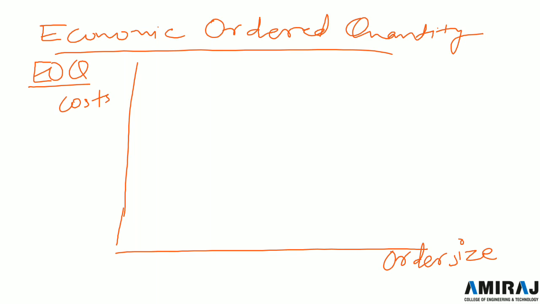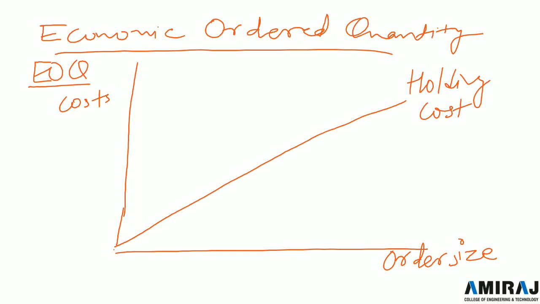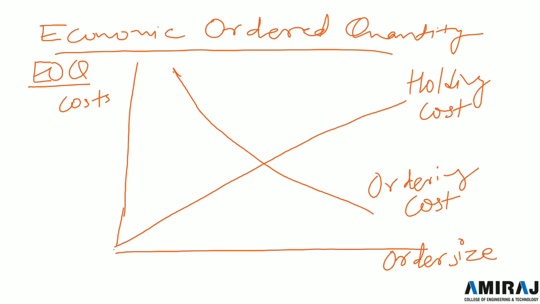Now we know that initially the holding cost is less, but as the order size increases, the holding cost increases with time, while the ordering cost is maximum at the initial level, but as order size increases, the ordering cost decreases. The combination of holding and ordering cost is called the total cost.